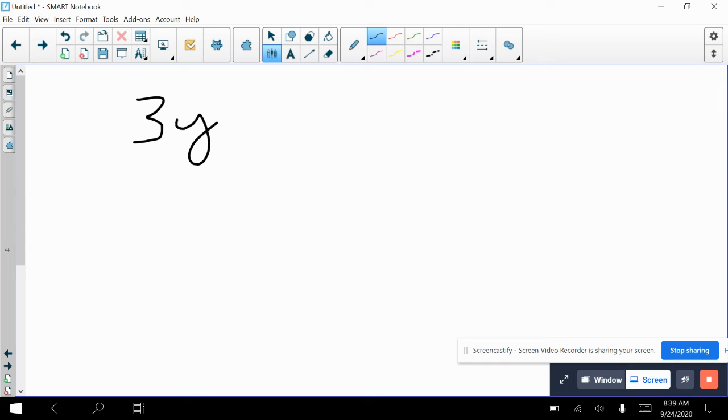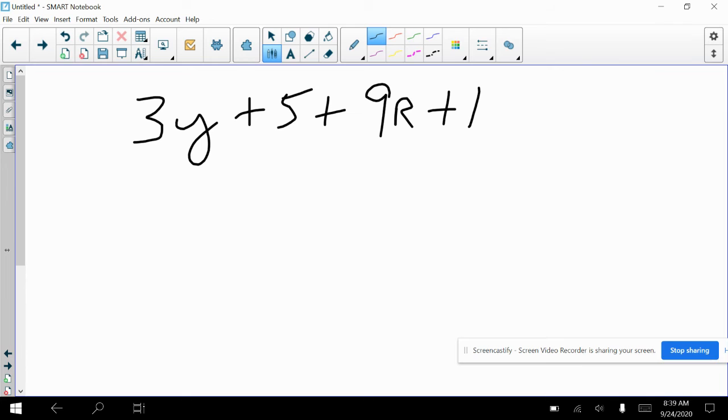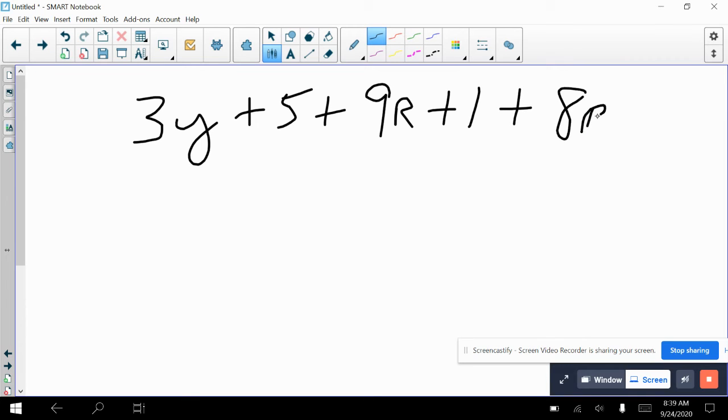There's no solving this. 3y plus 9r plus 8r squared plus 5.